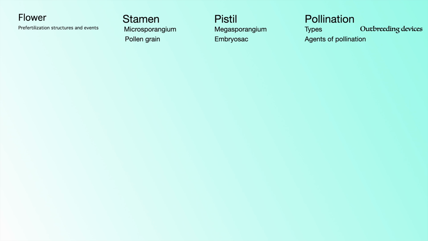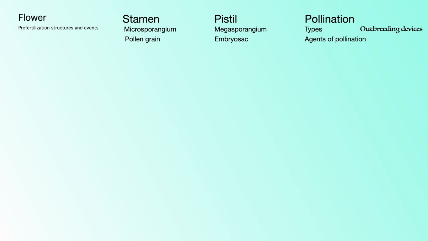But many plants produce hermaphrodite flowers. Hermaphrodite flowers are flowers where both stamen, which is a male reproductive organ, and pistil, which is a female reproductive organ, are present in same flower. In this case, there is a high chance that pollen comes in contact with the stigma of same flower. This is called self-pollination.